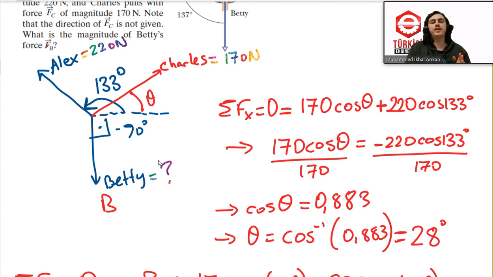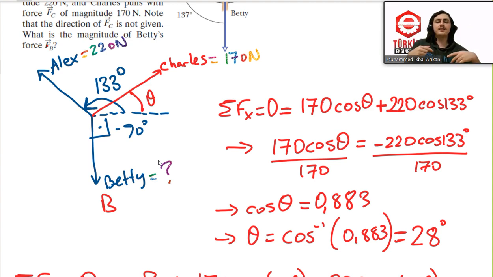And Charles is pulling upward, which is positive. So Alex and Charles are together pulling upward and balancing Betty's force. And Alex's force in the negative direction balances Charles' force in the positive x direction. So Alex and Charles balance each other in the x.